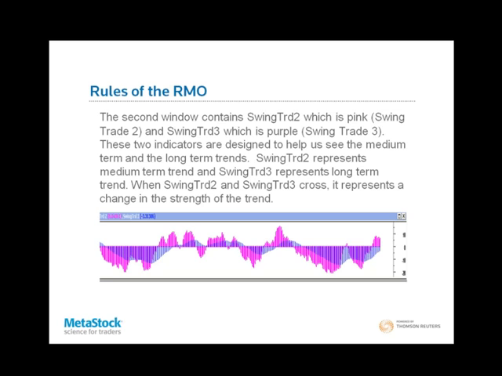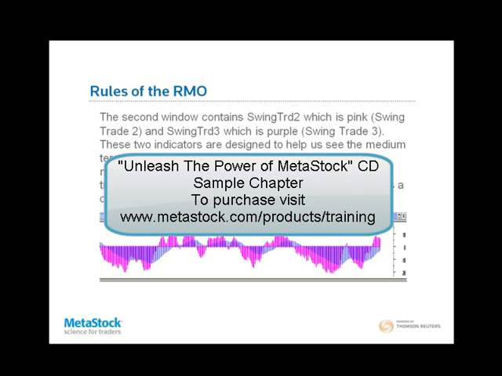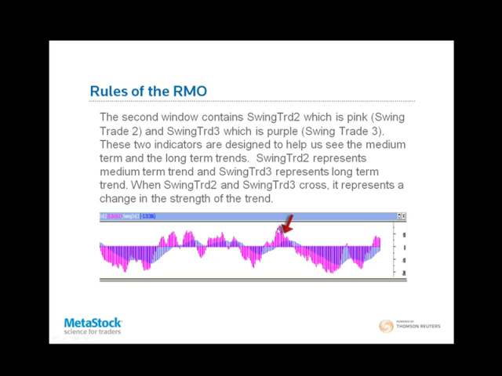When swing trade 2 and 3 cross, it represents a change in the strength of the trend. We'll see more how that applies on an actual chart in just a few moments.